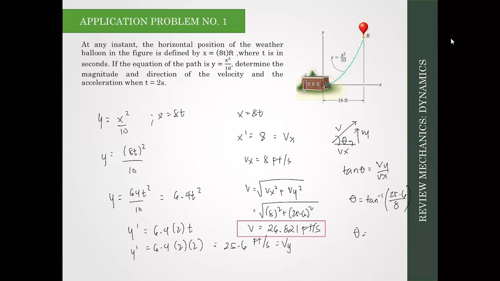So theta natin will be equals to 25.6 divided by vx. That will be 72.646 degrees. So ito naman yung ating direction for the velocity. Okay? So okay na tayo dun sa velocity. Okay? Next natin is yung acceleration naman tayo.